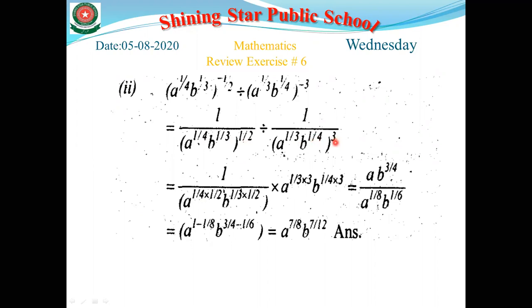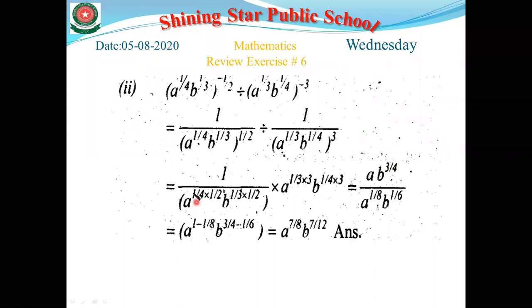Okay, and we know that this division changes into multiplication, and when we change the division into multiplication, we take the reciprocal of the next term. So the number which is written in the denominator becomes numerator. Okay. Now 3 cancel. So remaining is a. 3 multiply 1, 3 divided by 4. b equals 3 over 4.